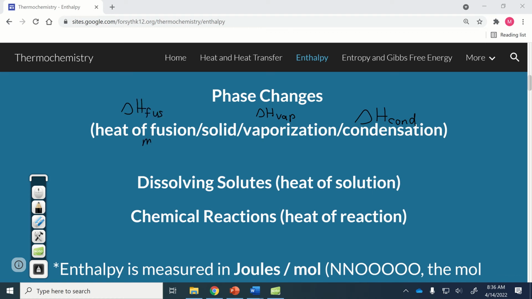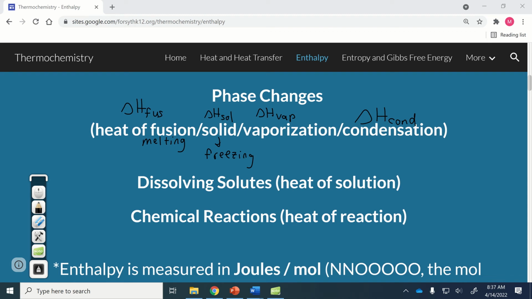That's actually for melting. So that one's a little confusing for some people because we know the word fusion means coming together. When we use it in the terms of phase changes, it's the melting of the substance. The nice thing is freezing is the enthalpy of solidification, which you usually will see as sol.